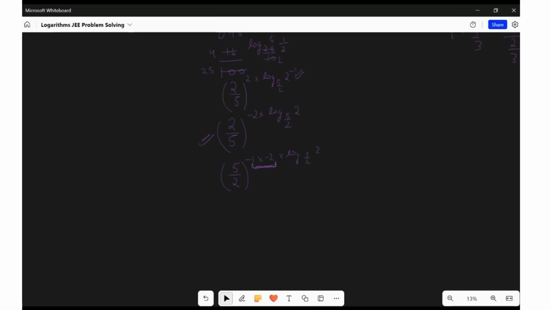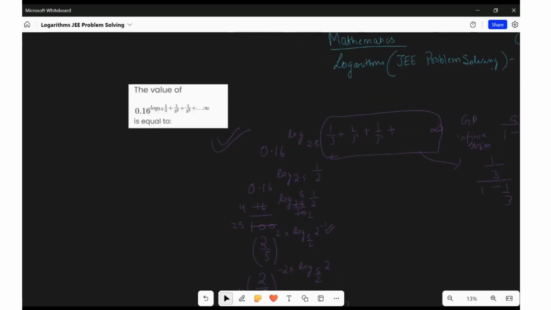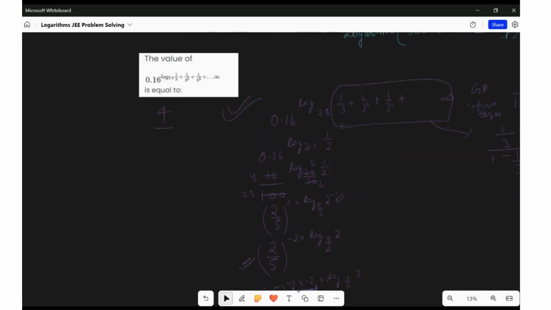So we can write this as 5 by 2 to the power 2 into log 2 base 5 by 2. Now we can take this 2 inside. So 5 by 2 to the power log 4 base 5 by 2. Now using that theorem, we can simply write this as 4. And 4 is the answer for the simplification of this question. So the value is 4. That's how we solve this easy problem, which just requires a basic understanding.